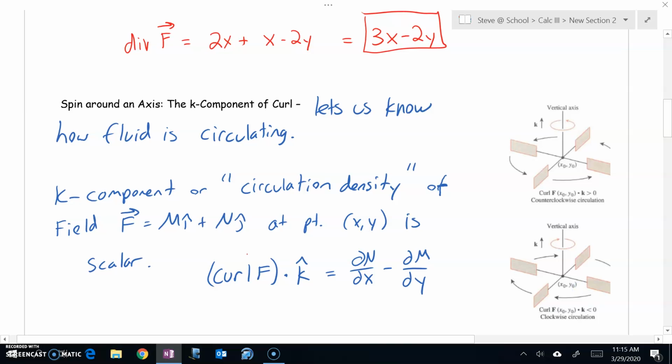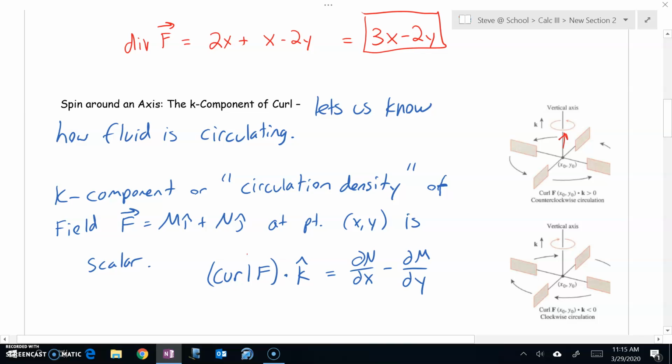There are some nice little diagrams on the side to show you. Counterclockwise circulation will be positive, and the vertical axis is the k component. As this is spinning, this k component will let us know how the fluid is circulating. It's a value.